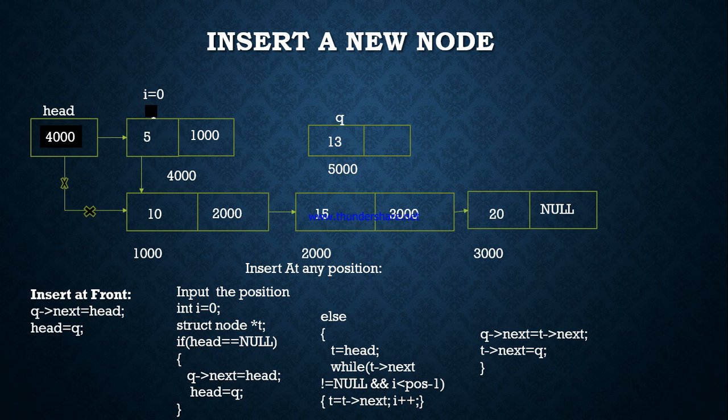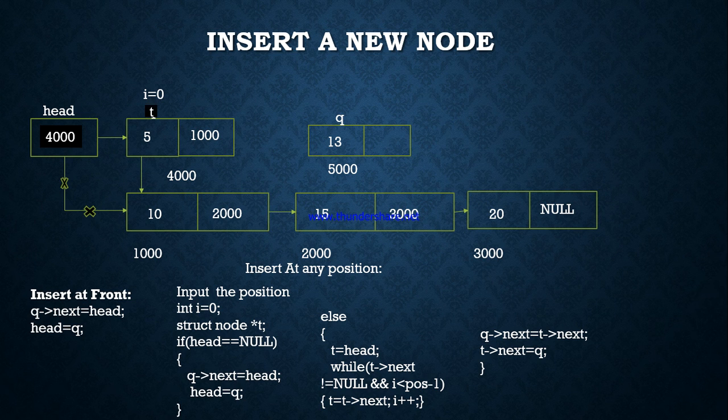Okay. This is only the if condition, and our else part is that suppose there is already some nodes and we want to insert our new node at position 2. So what will be the logic? T equal head, that means T points head, that means T points the position whose address is stored as head value. So T will point 4000, that means T will point the node which is created at 4000 location.